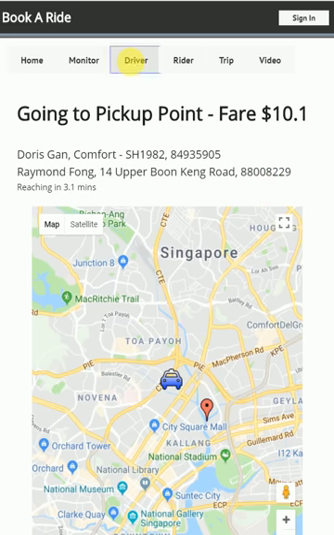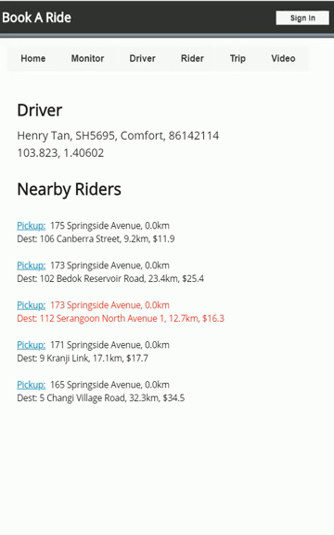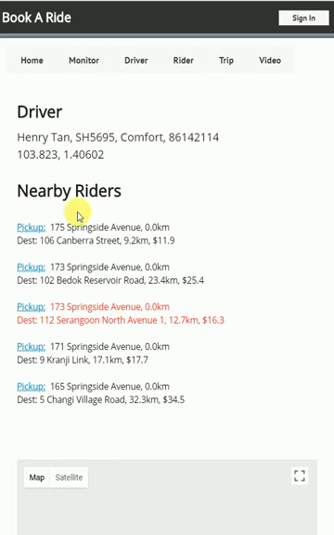Let's look at another driver, and this time we are going to pick Henry Tan. Yes, there are 4 to choose from, and here is the one that Henry probably finds the best. The fare is $25, and it's just here.